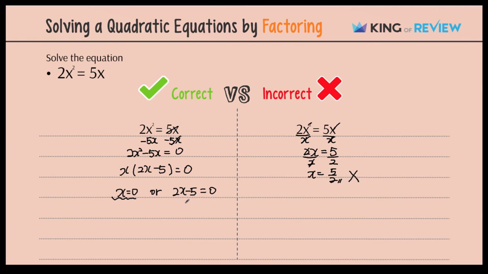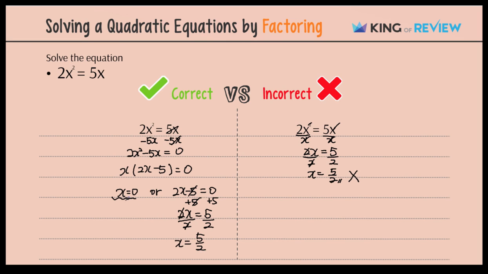Firstly, add 5 to both sides. So we get 2x equals 5. And then to isolate x, we'll divide each side by 2. So we get the other solution, x equals 5 halves.